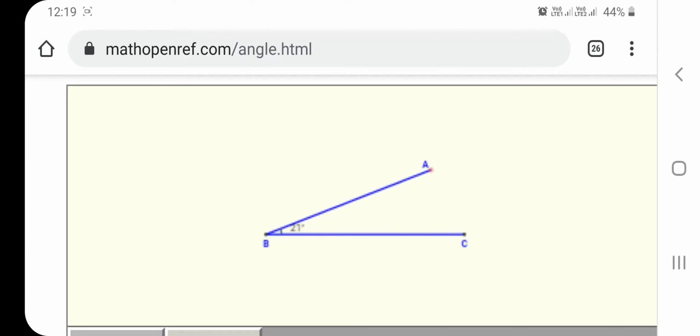If I drag and make a 40-degree angle, it is also called an acute angle because it is between 0 degree and 90 degrees. All angles between 0 and 90 degree are called acute angles.